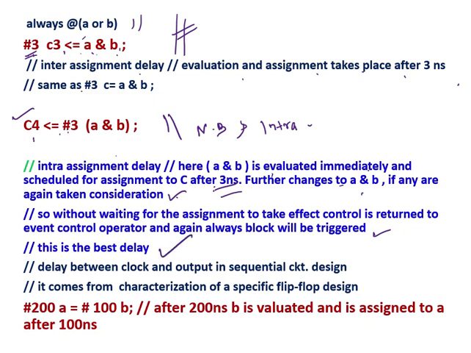And this delay is the delay between clock and output in sequential design. Where does this delay come from? It comes from characterization of a specific flip-flop design. So here let's see the C4 part.